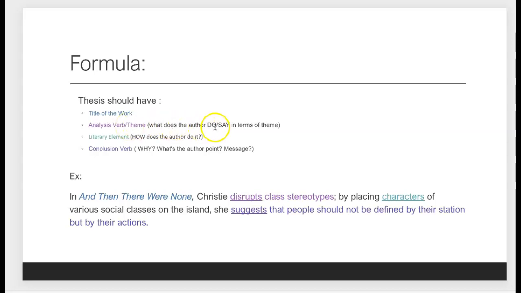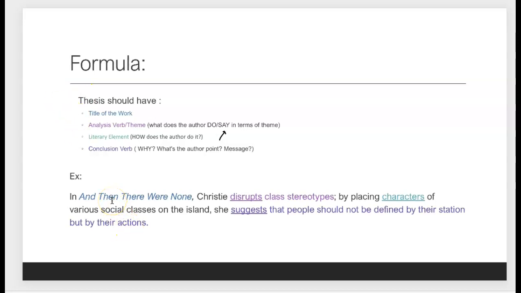So what does the author do or say? How does the author do this, through what literary element? How does the author do that, and why? What is the author's point? What is the author's message?